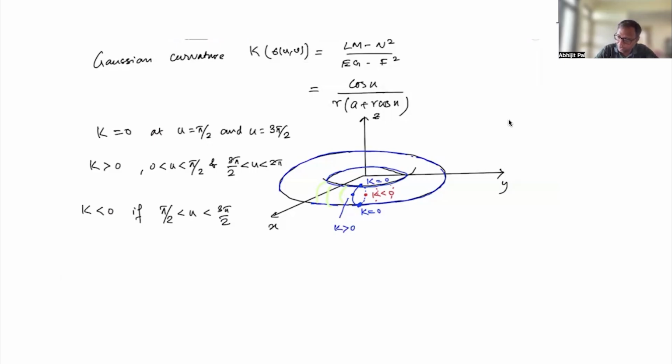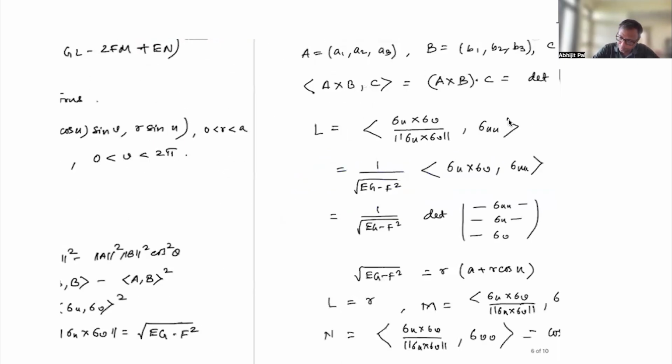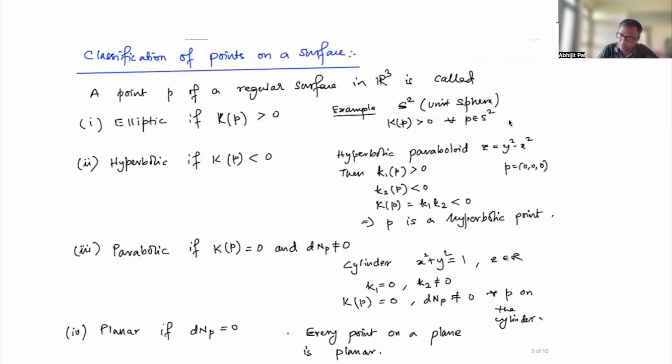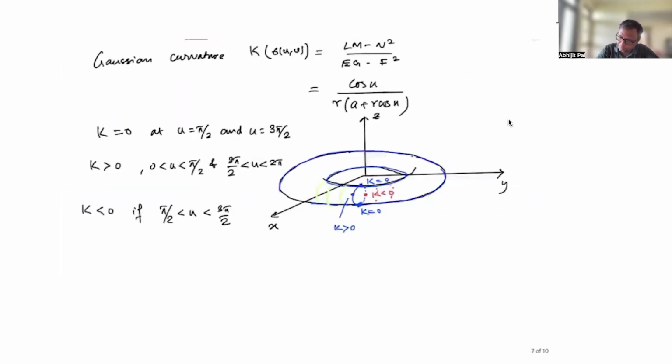Okay, so therefore, the points where K is equal to 0 are parabolic points. In this blue circle K is equal to 0, so the points on this blue circle are parabolic.